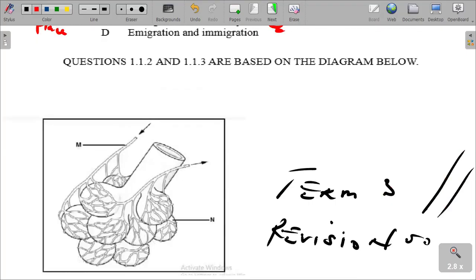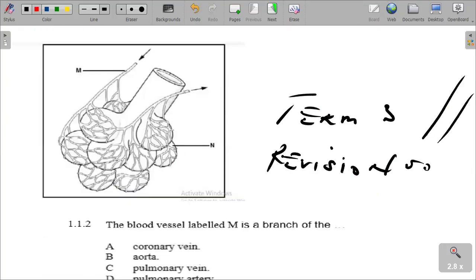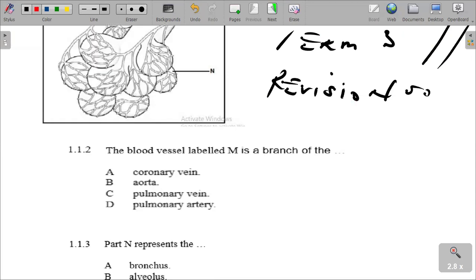We are given questions 1.2 and 1.3, which are based on the diagram below, showing a type of blood vessel that we need to identify. As you can see, the blood vessel labeled M is a branch of the.